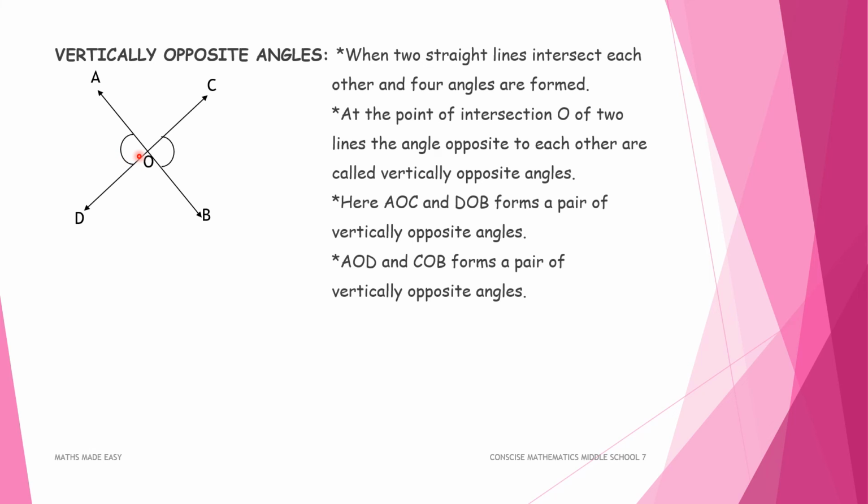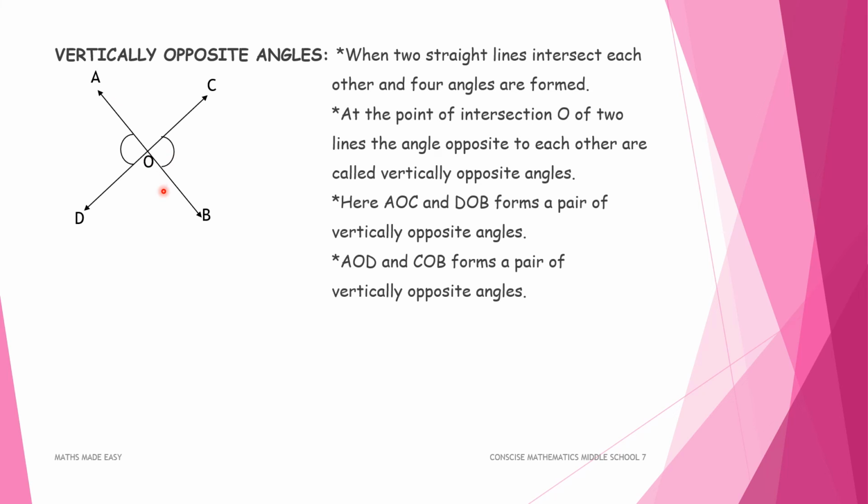And what are adjacent angles? Don't get confused, some people get confused between this and adjacent. Adjacent is AOC and COB, sorry. These both are adjacent angles, whereas these both are opposite angles, vertically opposite, right?